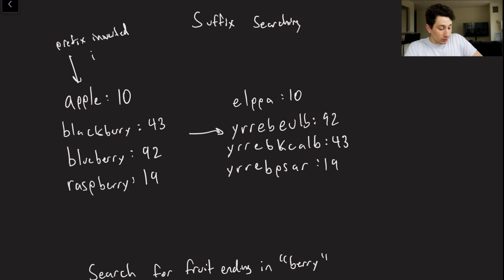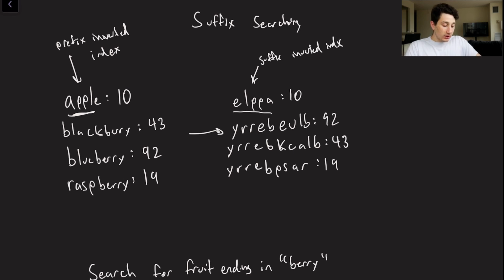What we can do is whenever we take in a new document, we can actually keep a second copy of the inverted index specifically for searching words by their suffix. So as you can see, we've got apple over here, but what we'll do is we'll actually reverse that word. So A-P-P-L-E becomes E-L-P-P-A, and we'll put it in our suffix inverted index.